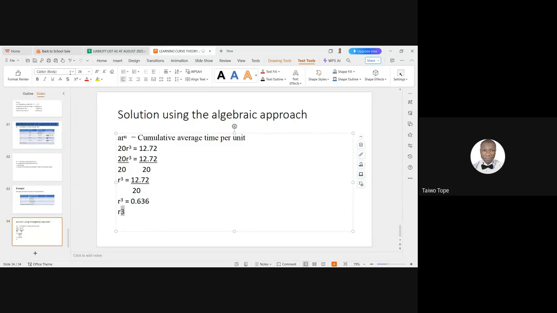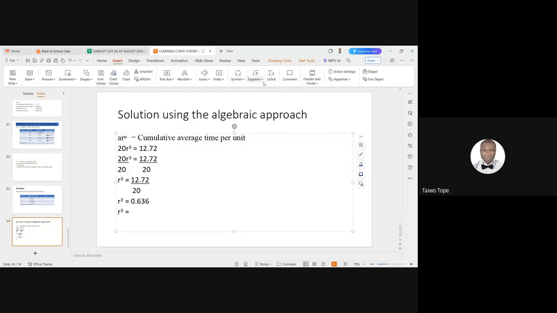You should remember that math. So you have it as this. Let me go and look for that symbol. Where's that symbol now?